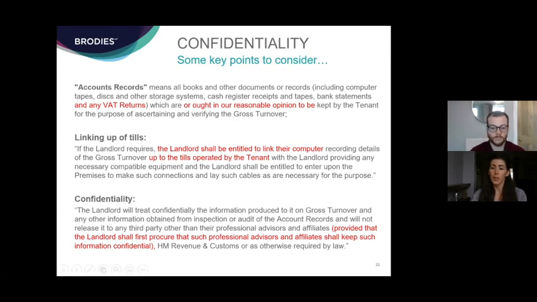But this disclosure would only be permitted on a confidential basis, so as an additional protection there for the tenant. And the landlord may also want to keep the existence of the turnover agreement or lease confidential itself, so as not to weaken their position getting a new tenant in after the lease ends.